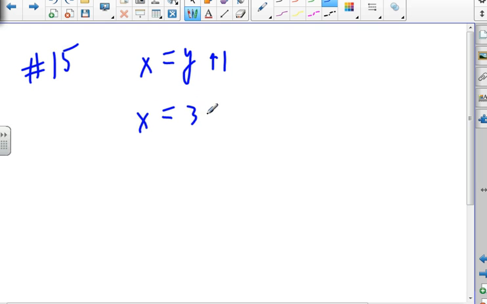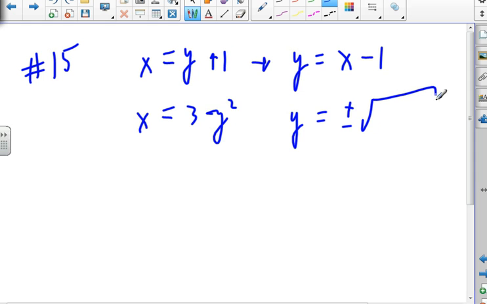So I'm going to rewrite this guy, y is equal to x minus 1, and I'm going to leave the other guy the way he is, probably. y is equal to plus or minus the square root of 3 minus x.